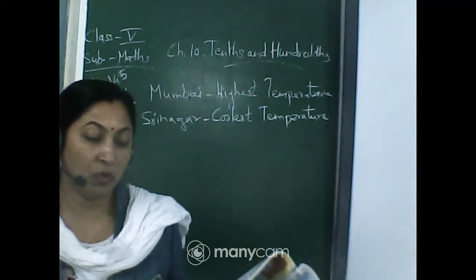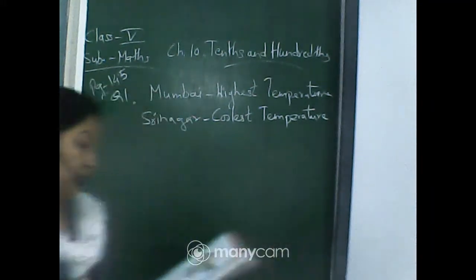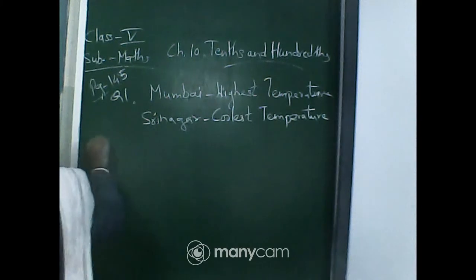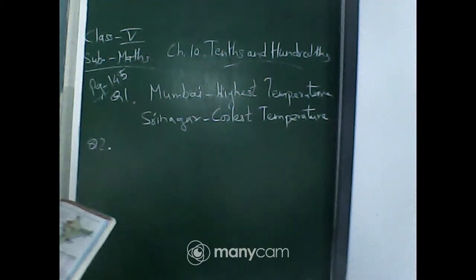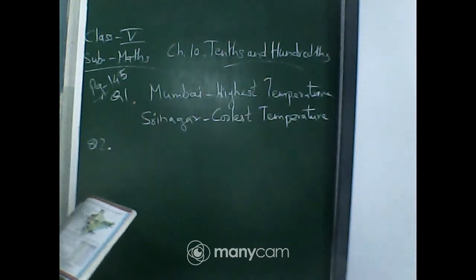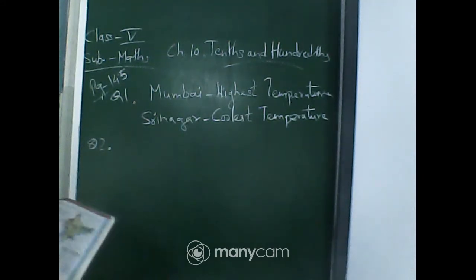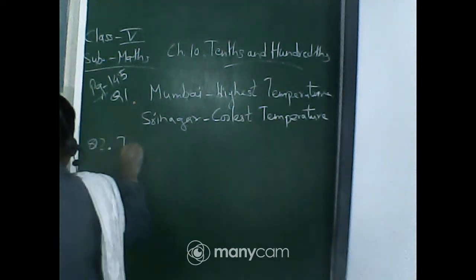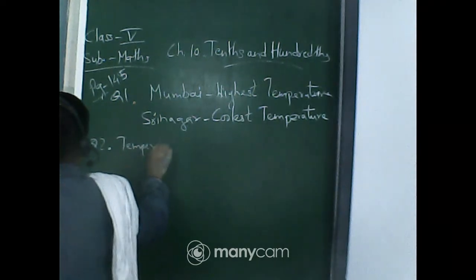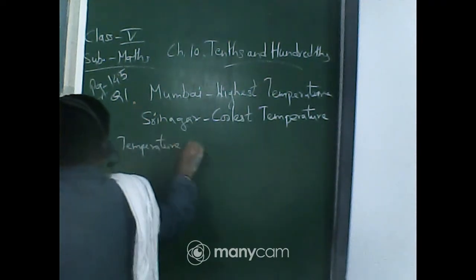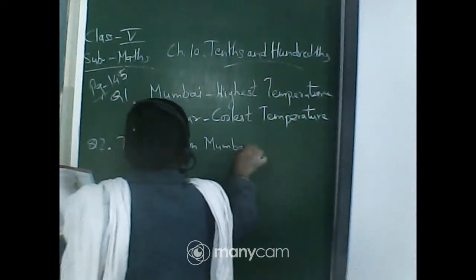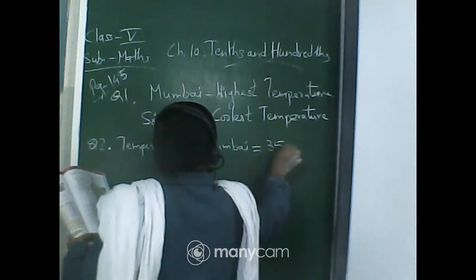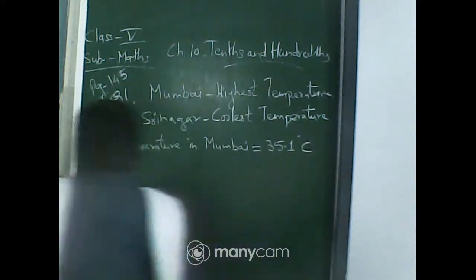Okay, so write it down. Question number 2. This you will write in statement form. The two temperatures of the two cities. So you will write: temperature in Mumbai is equal to 35.1 degrees Celsius.